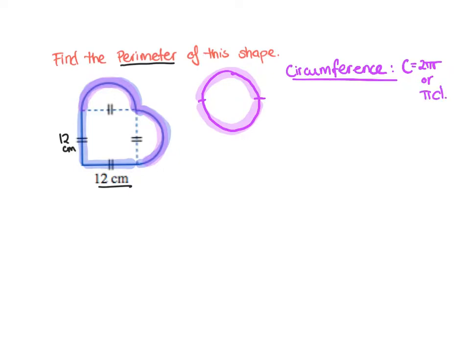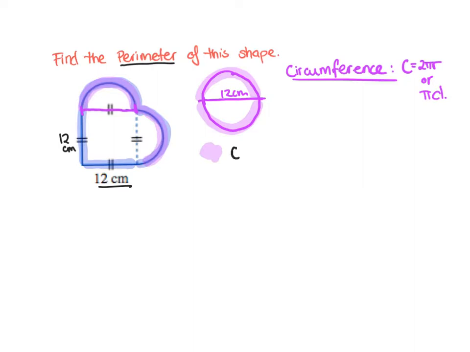They've actually given us the diameter, because if you look here, we're going from one side through the middle of a circle to the other. We know that that is 12 centimeters. So for the purple part of our shape, I'm going to find the circumference, or the perimeter of that bit.